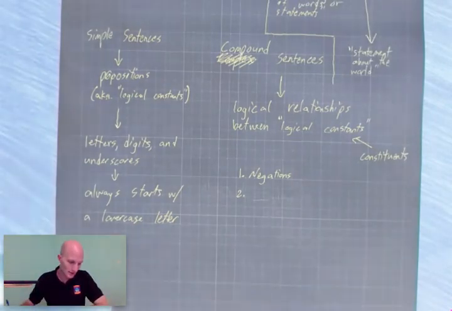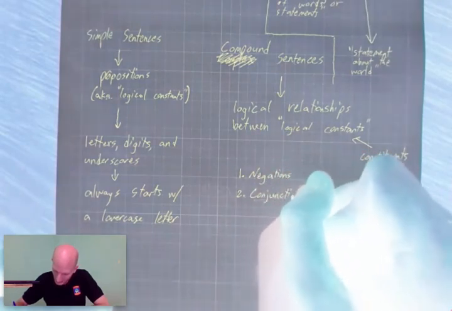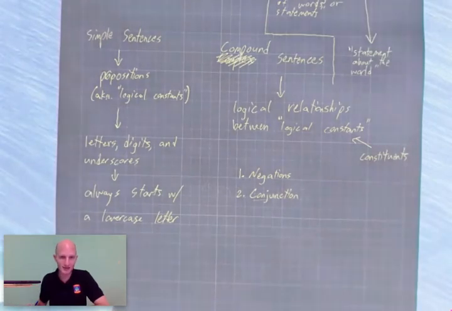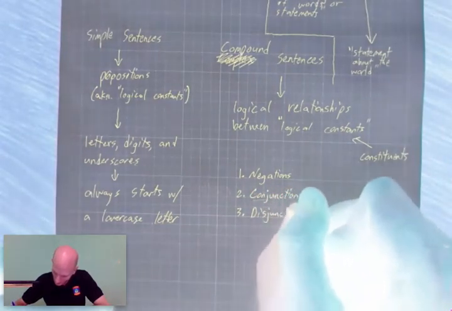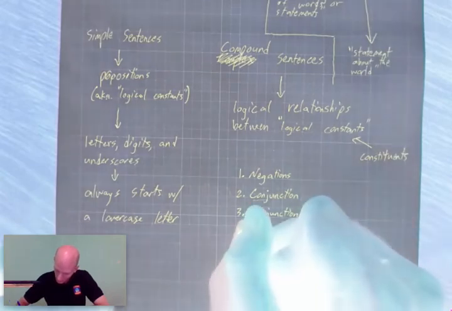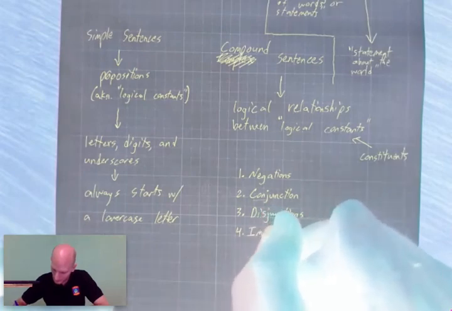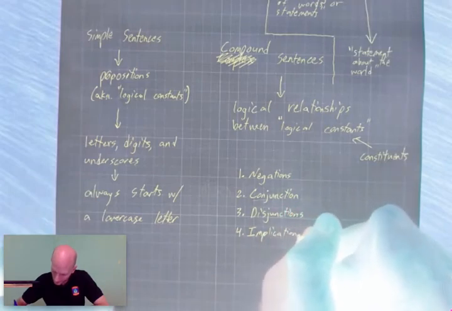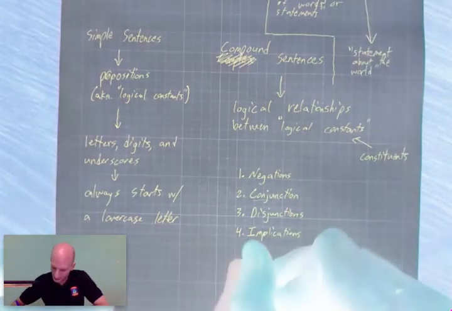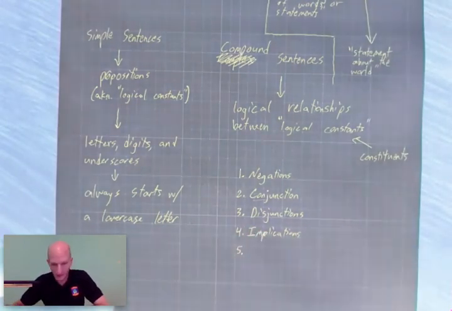Today is logical syntax, not linguistic syntax. Just like in linguistics, a conjunction has a different meaning than conjunction in logic. Number 3, disjunctions. Number 4, implications. A lot of you know what implication means. We talked about that earlier this year. And 5, biconditionals. We also learned about conditionals, but today it's biconditionals.